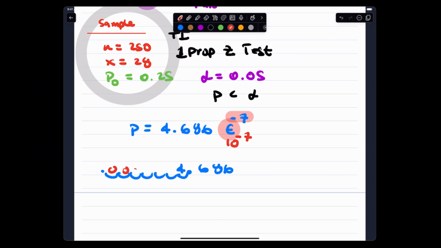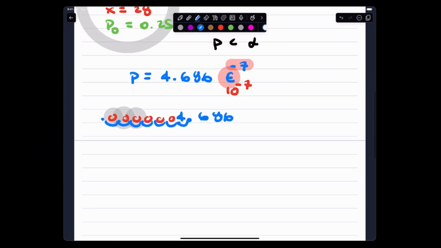So you get 6 zeros, and then this would be 1, 2, 3. You know what your p-value is approximately? What is p? It's approximately 0. So your p-value is approximately 0.